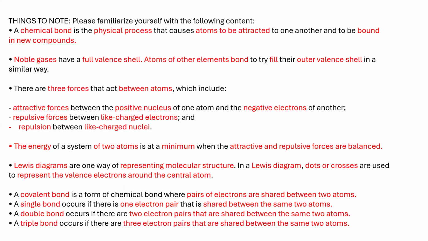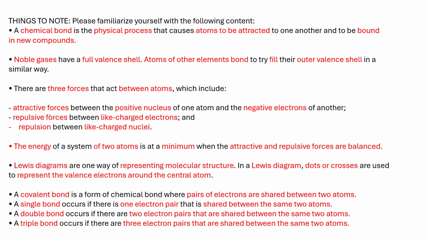Those are the 3 particles found within the atom. The protons are positively charged and the electrons are negatively charged. So the force between a proton and an electron will be attraction because they have opposite charges.